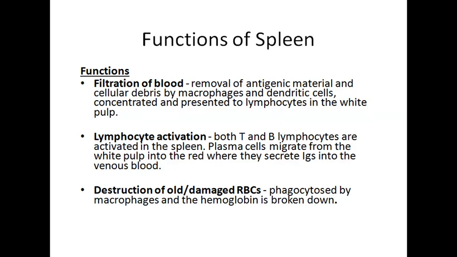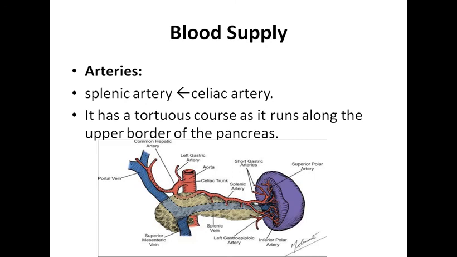When we talk about the functions of the spleen, it is helpful in filtration of blood, it is helpful for the activation of lymphocytes, and yes, it is helpful for the destruction of old or damaged RBCs, right? The arterial supply is via the splenic artery, which is the main artery of the spleen.